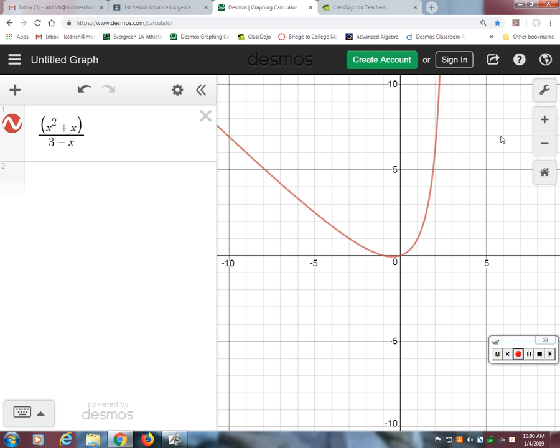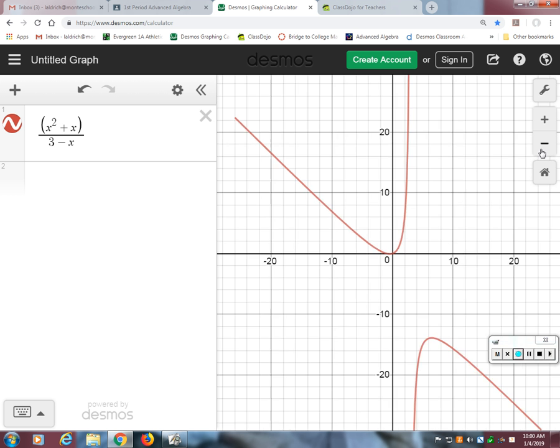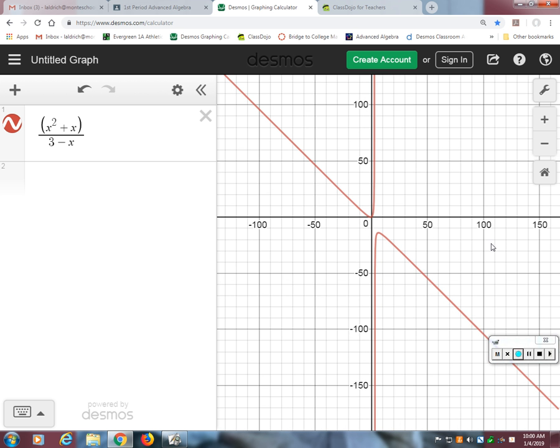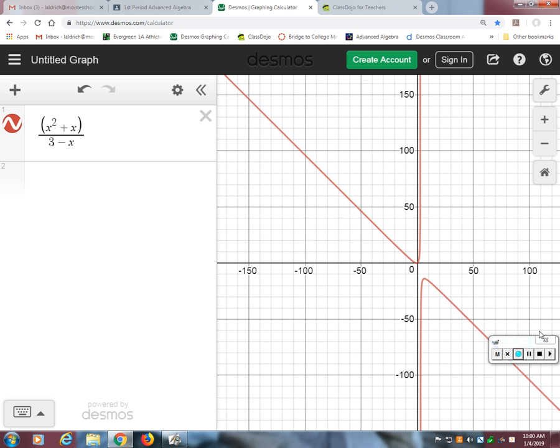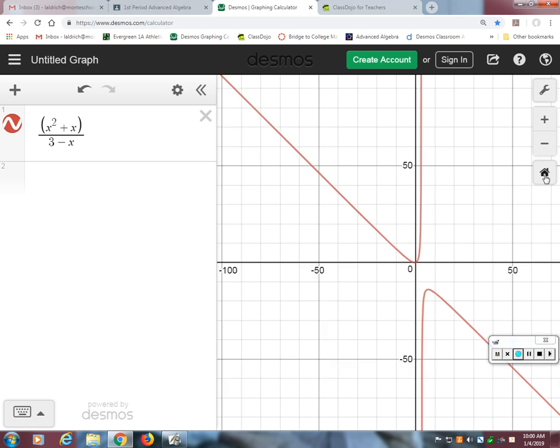What did we get for the first one? Positive infinity or negative infinity? Okay, no, the answer in the book has negative infinity. Maybe I need to zoom out a little bit. Ah, there we go. Okay, it was hiding down here. So this is approaching negative infinity like we figured, and this is approaching positive infinity.